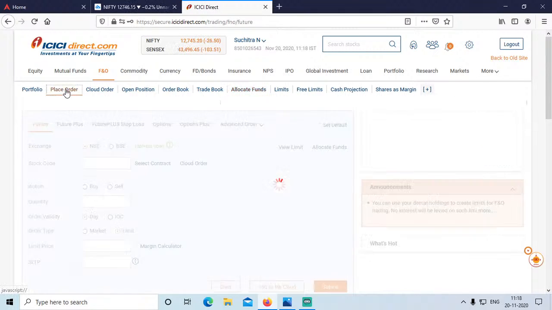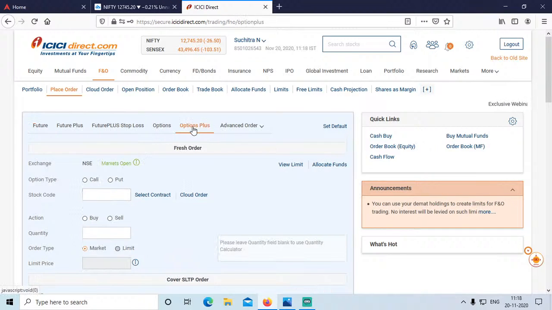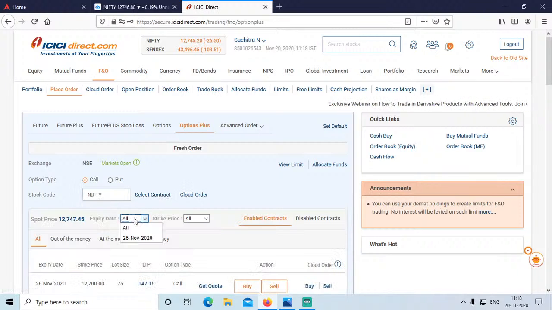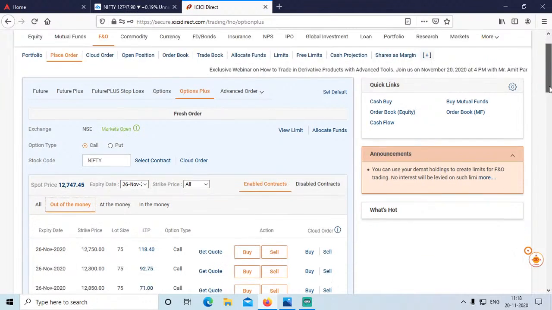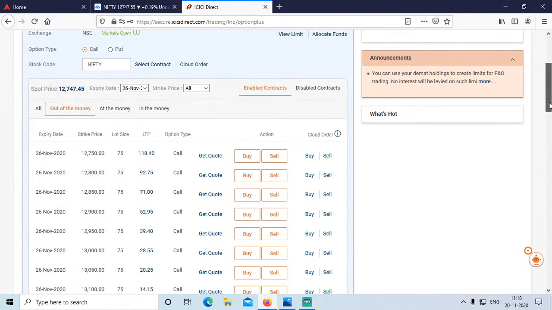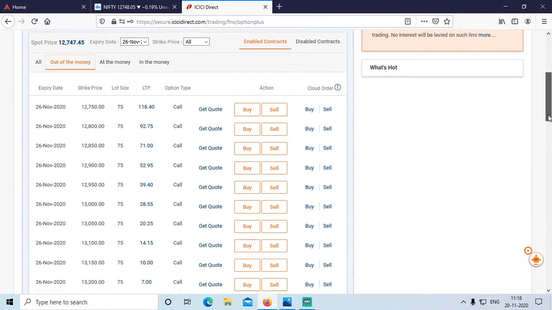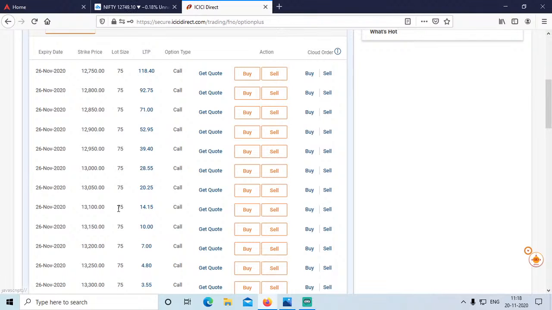Now go for place order, go for option plus, go for call option, Nifty, select contract, expiry date 26 November, out of the money. For the call option out of the money we will choose 13,100, which is 13 rupees or 14 rupees.